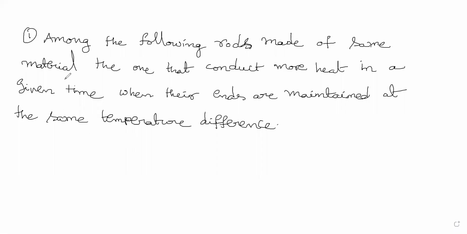Among the following rods made of the same material, the one that conducts more heat in a given time, and the ends are maintained at the same temperature difference. So by this wording, you can say that the delta T remains constant for all the rods.